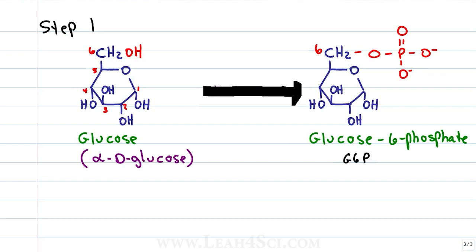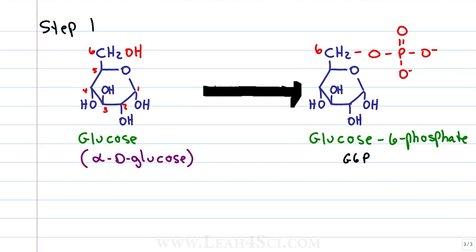Step 1 in glycolysis is a one-way reaction. This means that once glucose is phosphorylated, this cannot be reversed by the same enzyme, and that means the cell is committing to continuing on the glycolysis pathway.